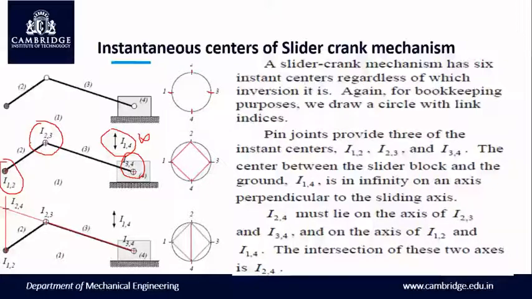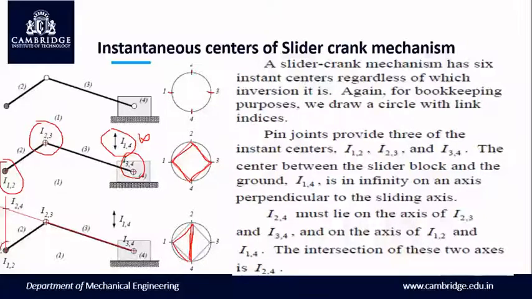Now, since we found all 4 of these instantaneous centers, we will join a line 1, 2, 2, 3, 3, 4, and 1, 4. To determine 2 more which are unknown, let us take 2, 4 first. So this 2, 4 line is a common side for 2 triangles, that is 2, 3, 4 and 2, 1, 4. So I need to take projection from I12 and I14.